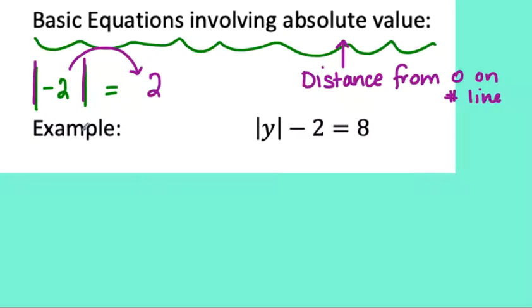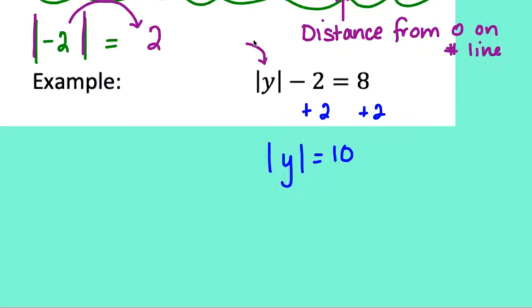Now, more involved equations: first we want to always isolate the bars, those absolute value bars, just like we would in a regular equation. So we're going to add 2. Now I want you to think about that a second. The absolute value of y equals 10. We're solving it, so we're trying to find the value of y. Hopefully you see that y could actually be 10.